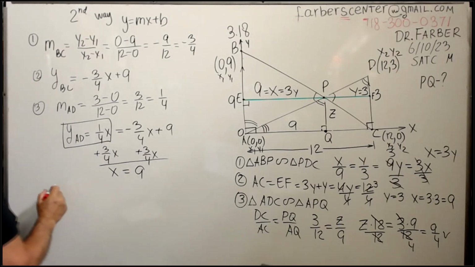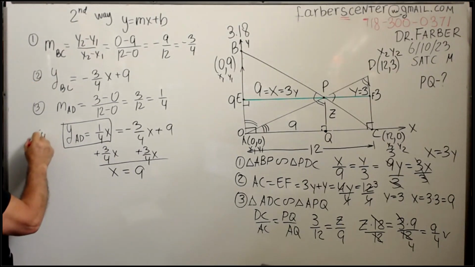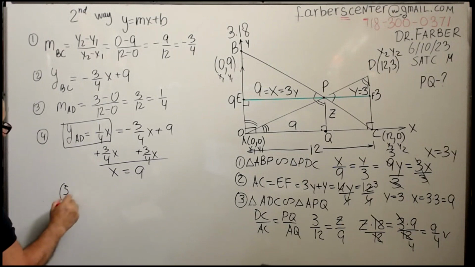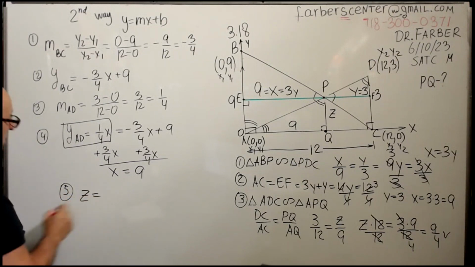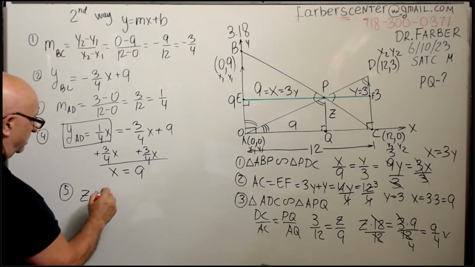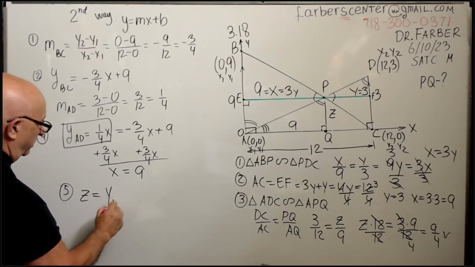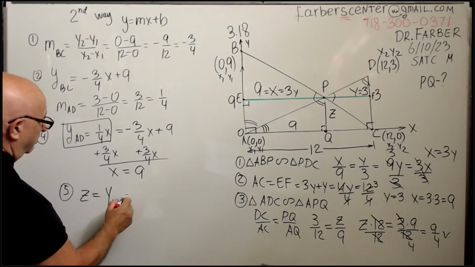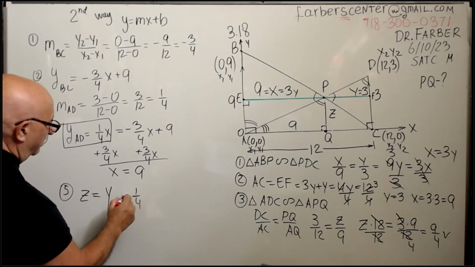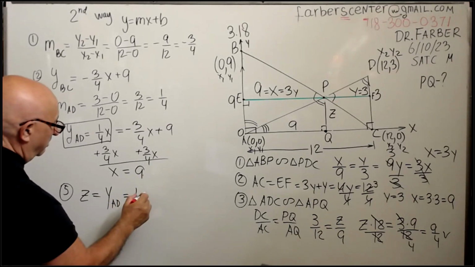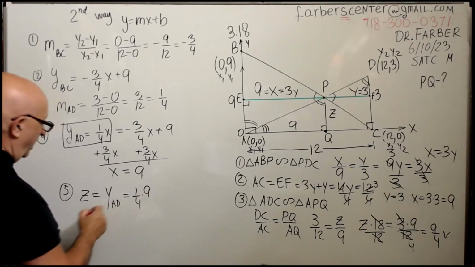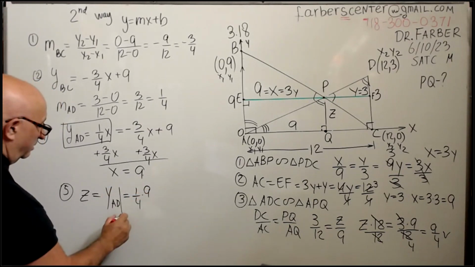Step number 4, and this is step number 5. Z, which is the y coordinate of AD, right? This one equals 1 over 4 times 9.